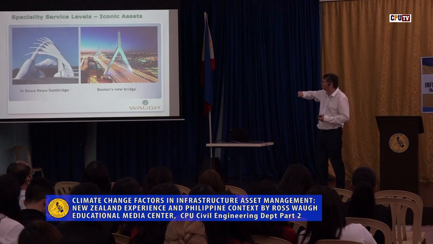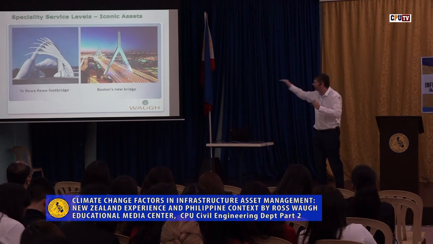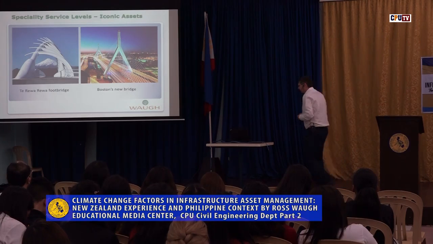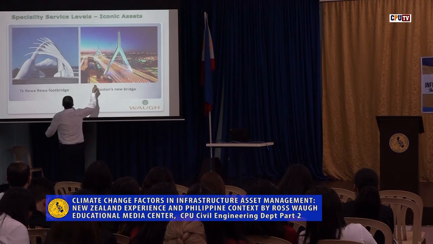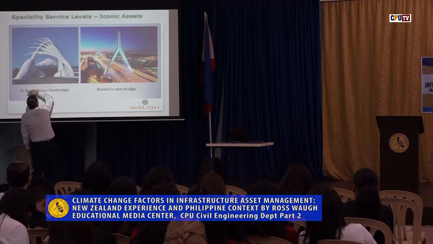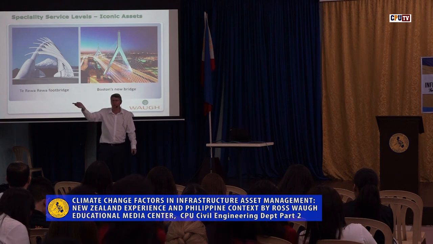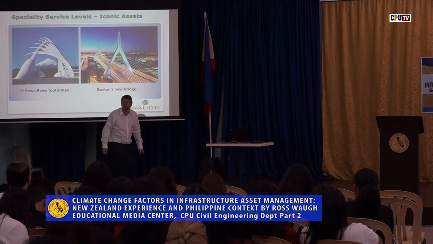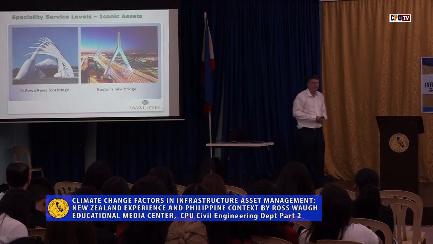That hoop across the top is one of the chords of the bridge, and then there's another one that runs flat across the bottom here. I've actually walked across it. And then the whalebones, they're supposed to be whalebones, are actually the structural support of the bridge. So it's quite an interesting structure.